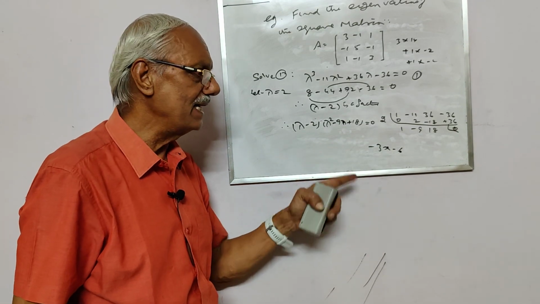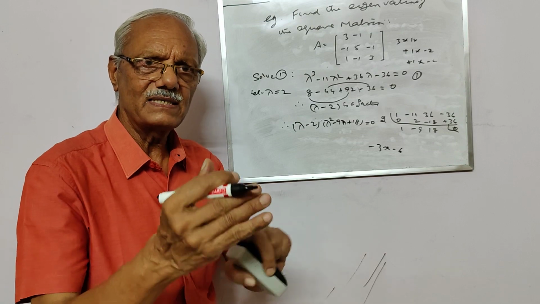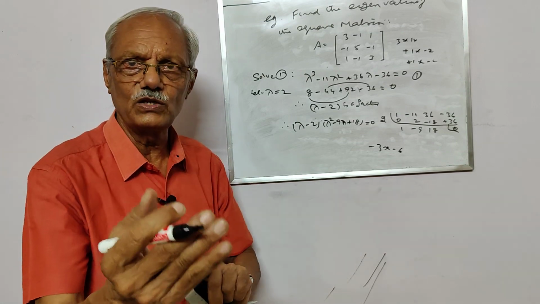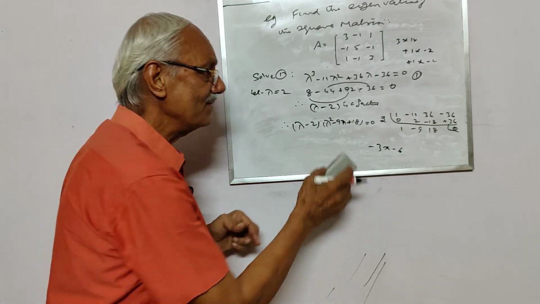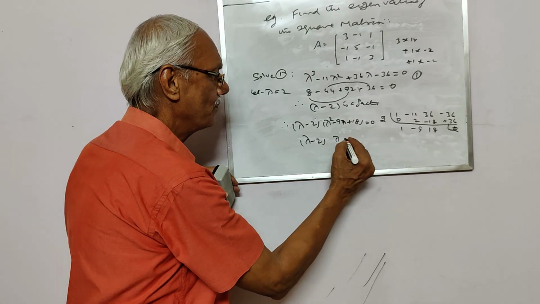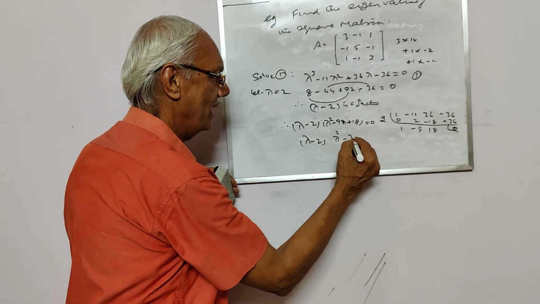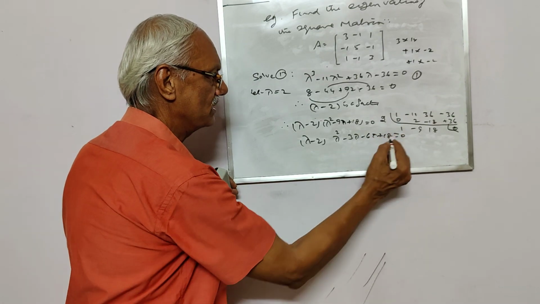So this can be written as lambda squared minus 3 lambda minus 6 lambda plus 18 is equal to 0. Now if you take the common factors and factorize this, what you will get here is lambda minus 2, lambda squared minus 3 lambda minus 6 lambda plus 18 is equal to 0.